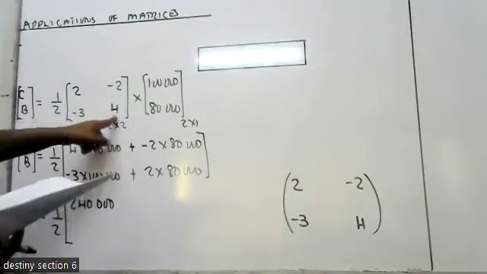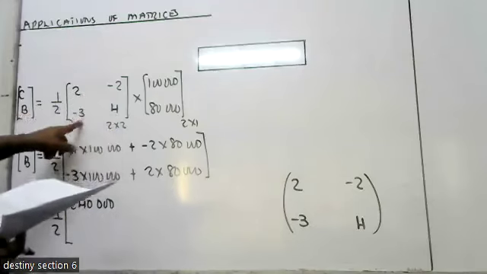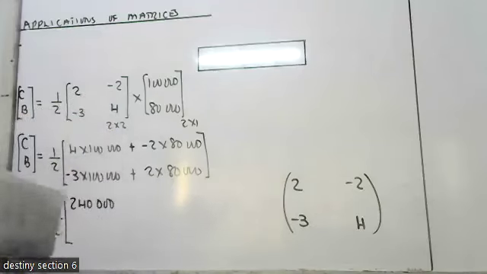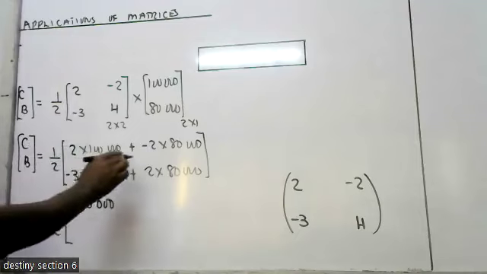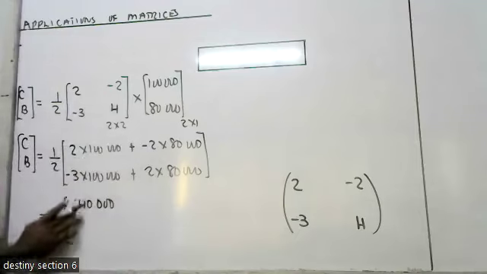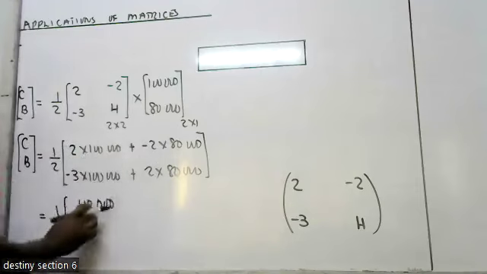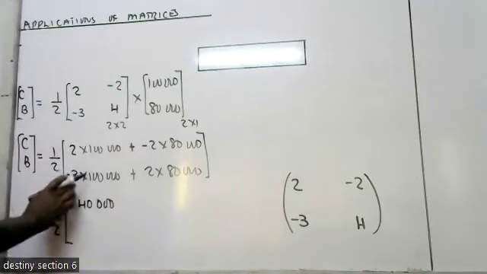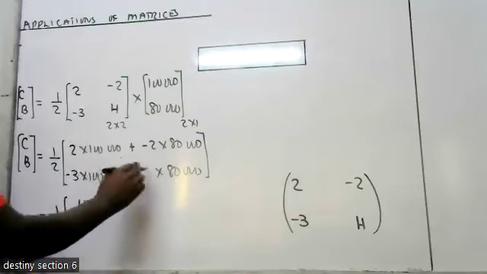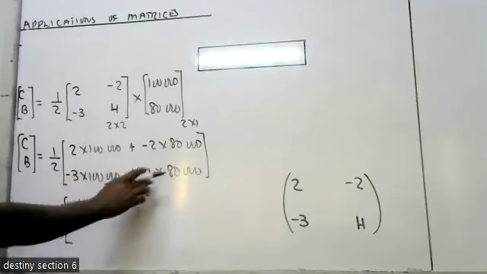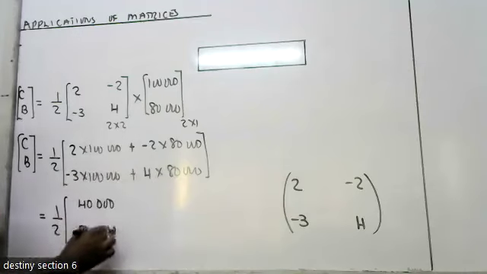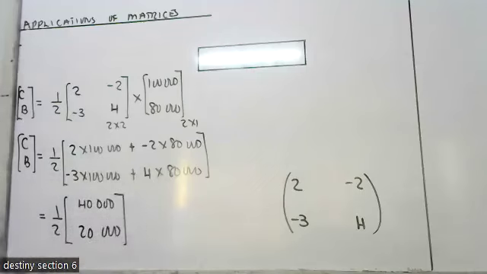So these 4 come here, these 2 go here, and these 3 and these 2 change the signs. In making that correction, this one I will say times 2 here, so that this will be 200, get 40. Then this will be times 4 here, so that this is 300, I get 20,000.